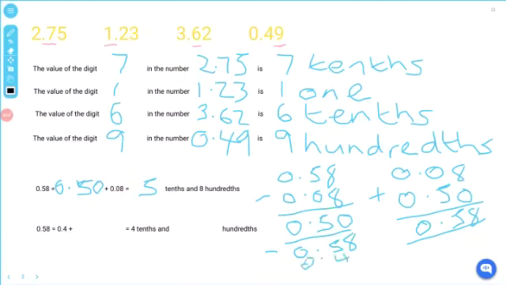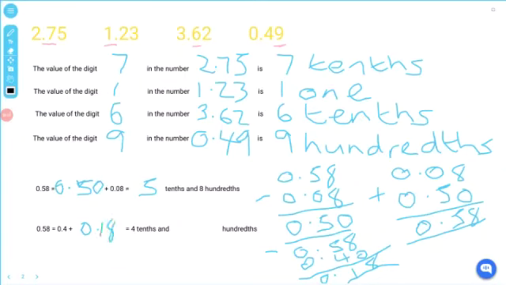We can put a 0 at the end because we don't have any hundredths. And let's work out this answer. So 8 take away 0 is 8. 5 take away 4 is how much? 1, that's right. And then we've got our point and we've got our 0. So that is 18 hundredths. So we can put in 18 hundredths here.